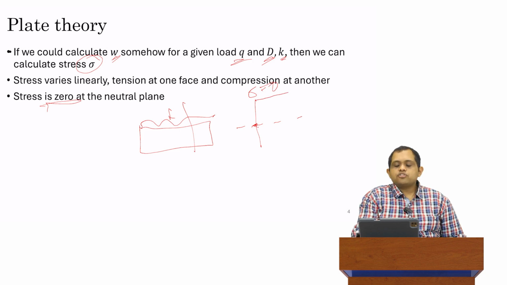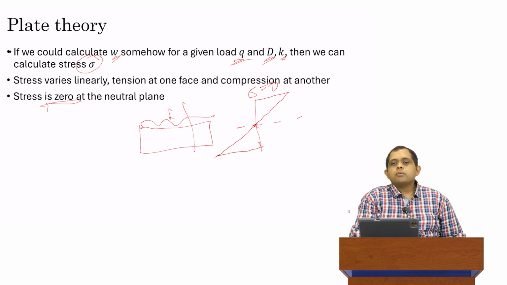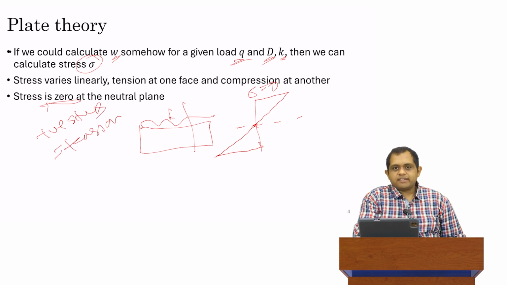We will have some amount of stress above the neutral plane, and then we will have an equal magnitude stress but opposite in sign below the neutral plane. One assumption which we're going to make here is that positive stress corresponds to tension. We will explain why in a second. But we assume that positive stress is equal to tension.